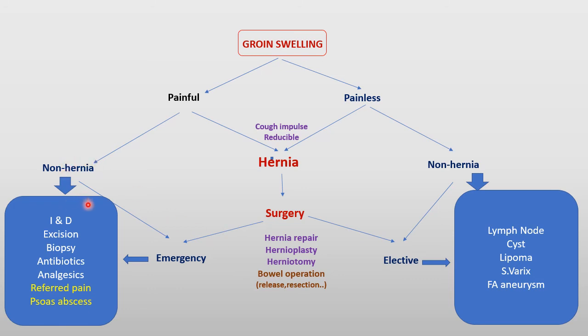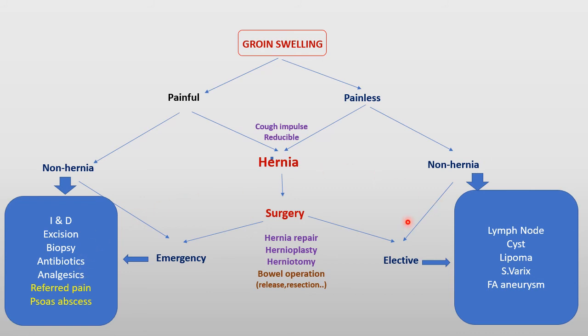The non-hernias, there are a number of them. The painful ones, usually referred pain, abscess, lymphadenitis, and infected cysts. Okay, all these are painful swellings, and then you diagnose them and carry out the various types of treatment: incision and drainage, excision, biopsy, antibiotics, and analgesics.